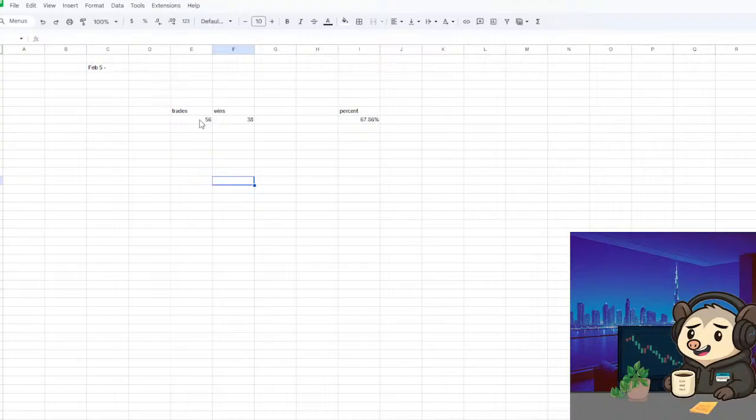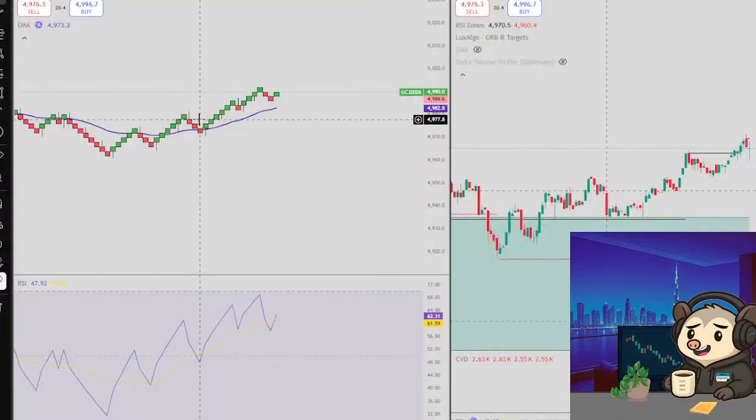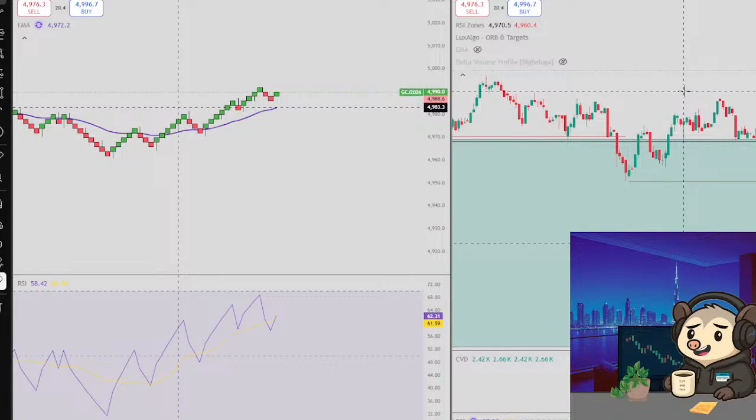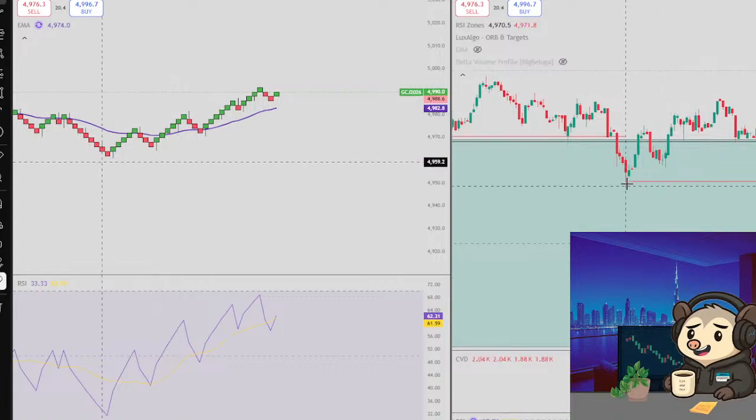This is something we have to look at in real time: who's in the market at the time, instead of just hypotheticals and, oh, this looks like it would have been good.